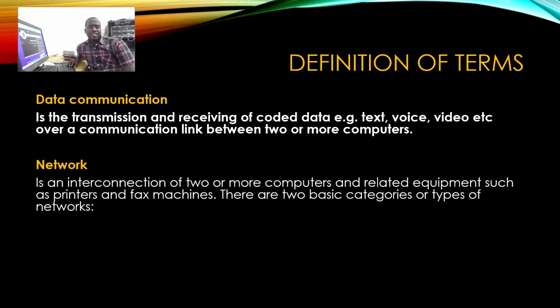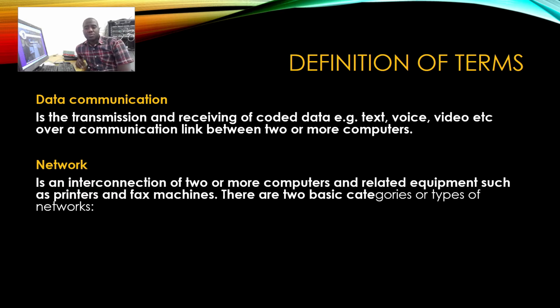Right. The next term we're going to define is network. What is a network? Basically, a network is an interconnection of two or more computers or related equipment such as printers and fax machines. There are two basic categories of networks, right?